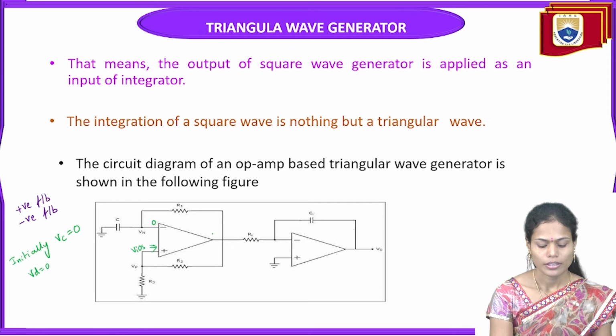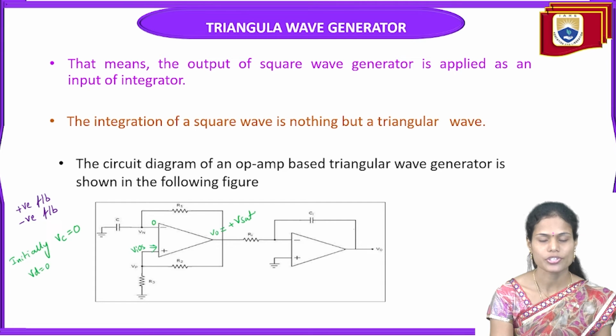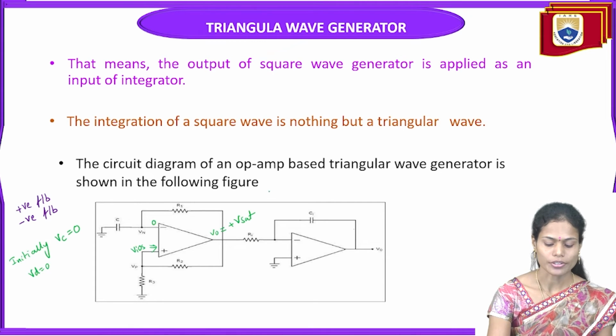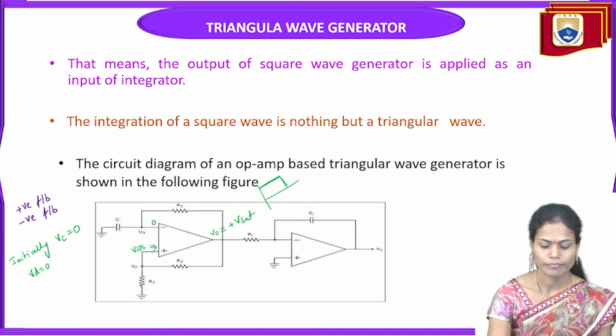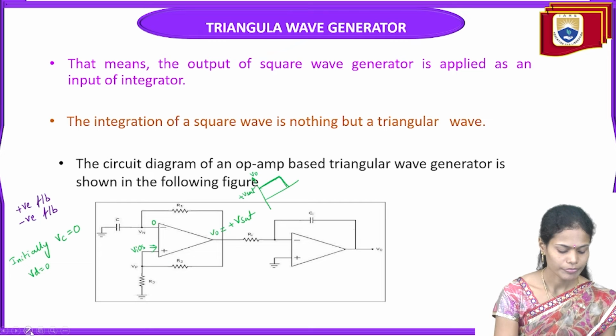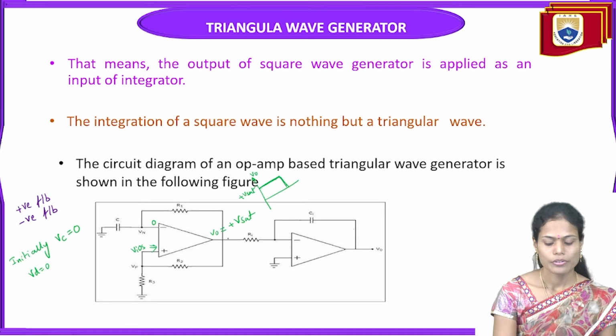Because of this, my output voltage is plus V saturation at the output of the square wave generator, and the signal is like this, in the positive region, plus Vsat.